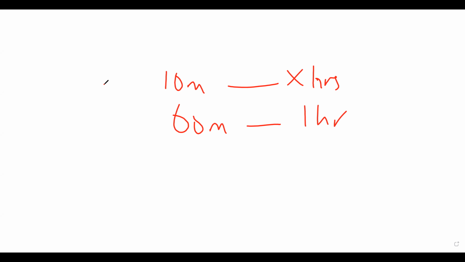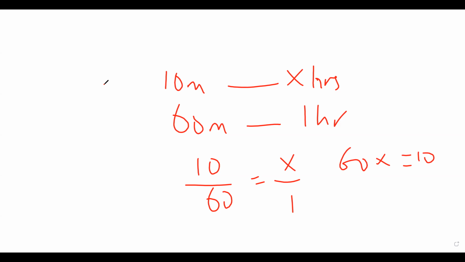So if less, so 10 minutes, more divide, the 60 will come down. And then you will have x over the 1. So when you cross multiply, you are going to have 60x equal to 10. And that means that x is going to be 1 over 6.